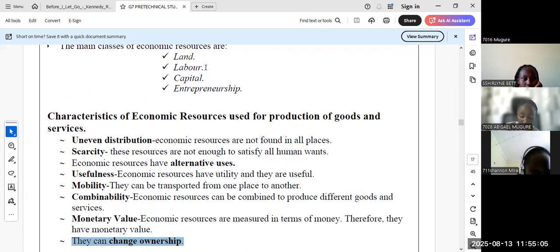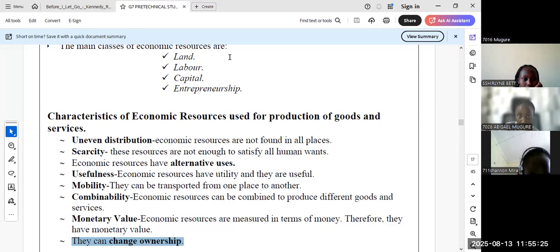We have things like labor. You see, we had people working for you in a company in Nairobi. Then you relocated to the States, so you had to sell your company. Now, when you sold your company, it means the labor is also going to change.